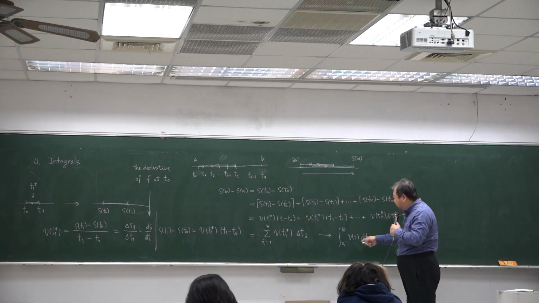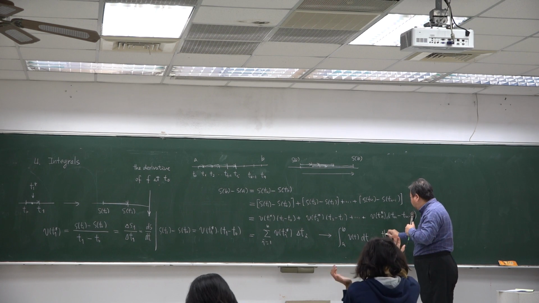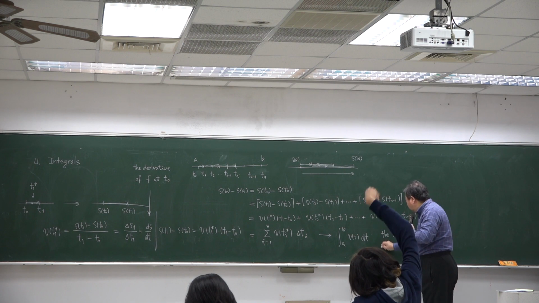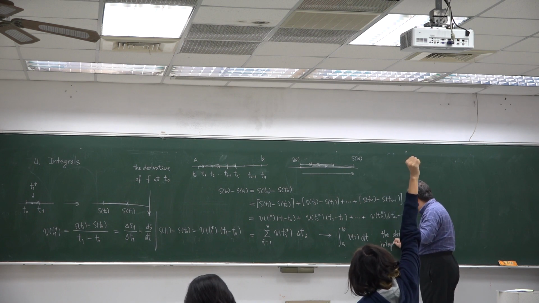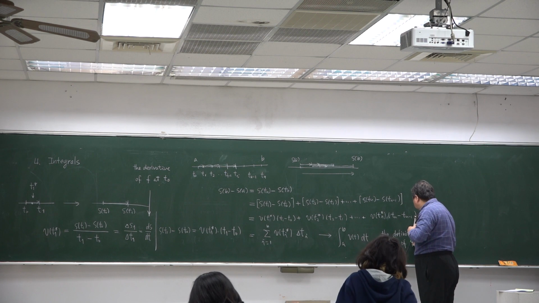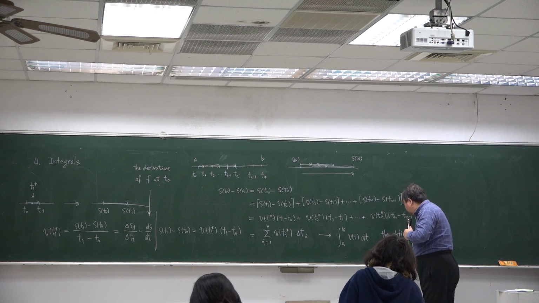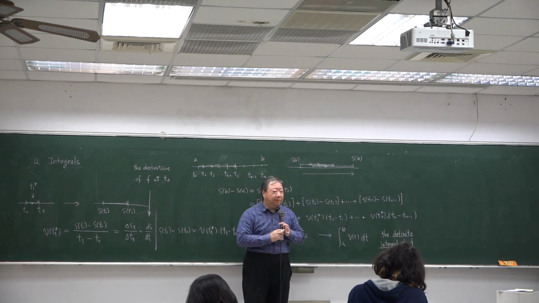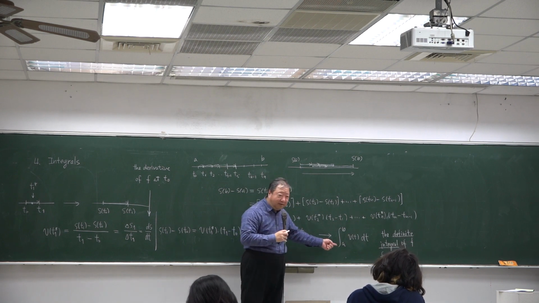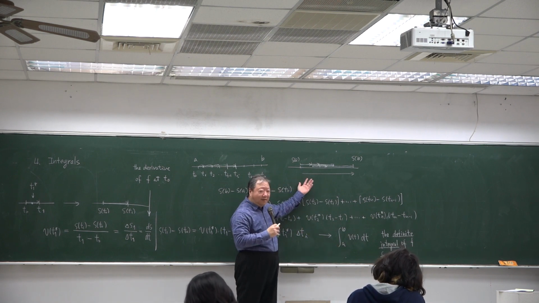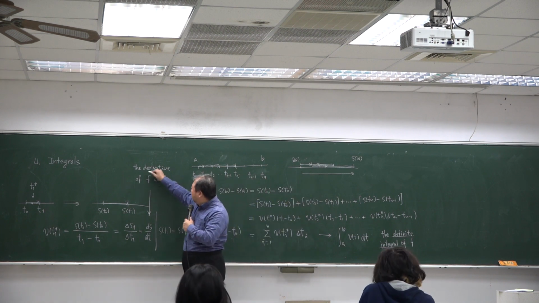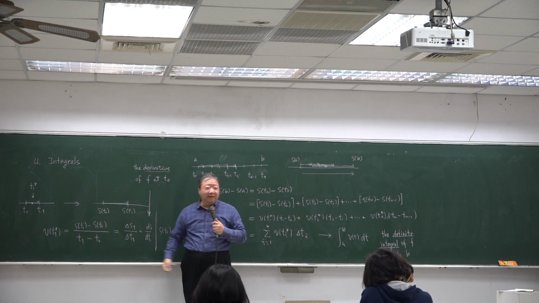Similarly, we call this number the definite integral of f from a to b. Definite integral from a to b. So the definite integral is a number, displacement. And the derivative is also a number, velocity.